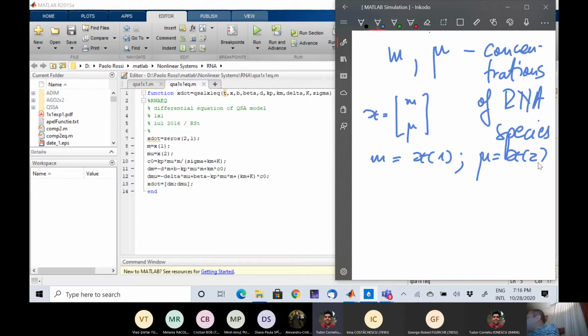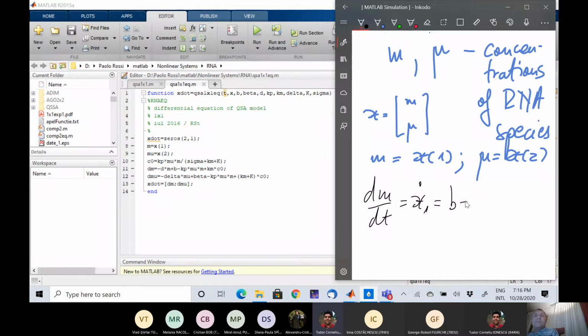Now, the two equations, how do they look? Well, the derivative of m, which is actually x1 dot, can be written as we have seen there. I will write the b first.